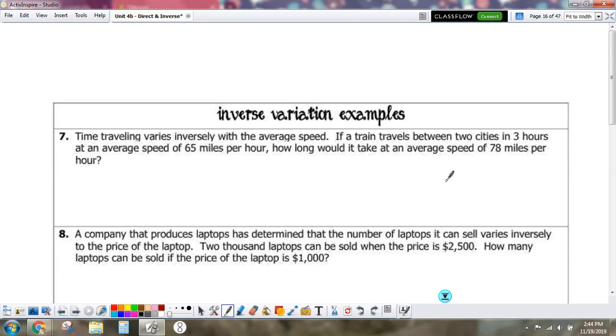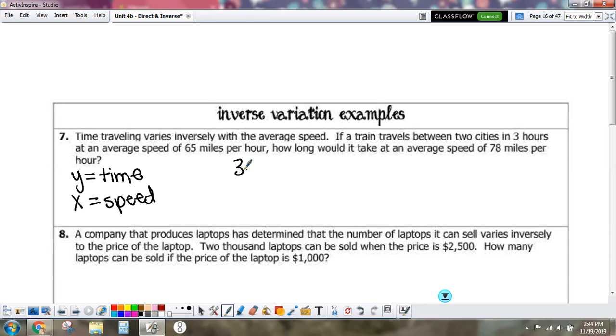We need to figure out what our variables represent. So in this one, does the hours depend on the speed, or does the speed depend on the hours? Your time it takes depends on how fast you're going. Okay, so our Y is our time. Our X is our speed. Okay, so to set this up, we're going to go ahead and take our first one.